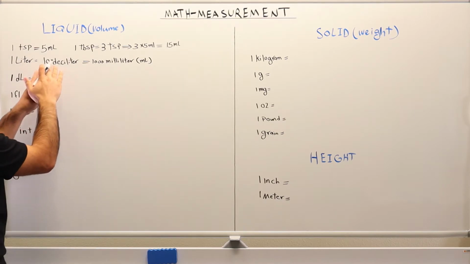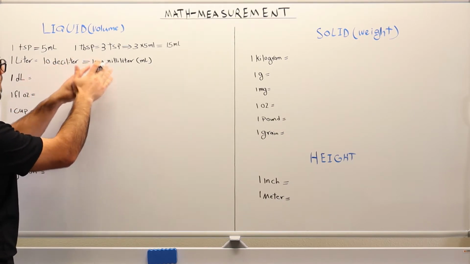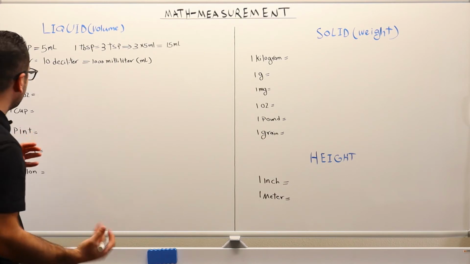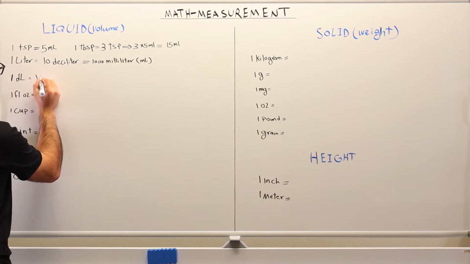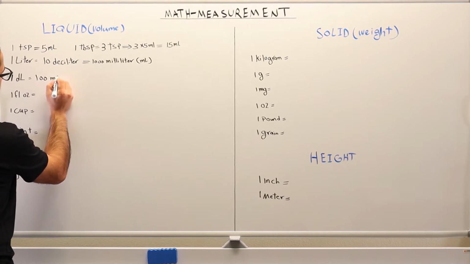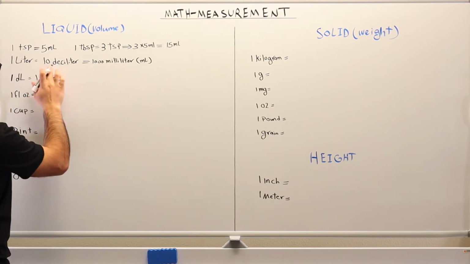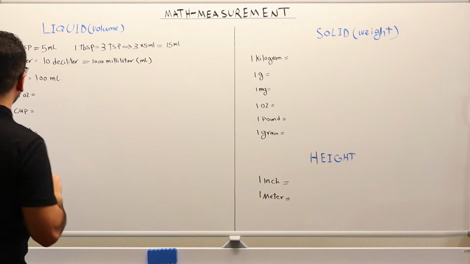So knowing that 10 deciliters is equal to 1000 milliliters, therefore 1 deciliter is actually equal to 100 milliliters, basically taking a 0 from each side.